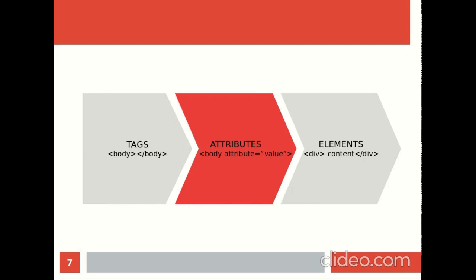And what are tags? The word which is between the angle brackets is the tag. When we learn HTML, you will see all the tags are represented with angle brackets.